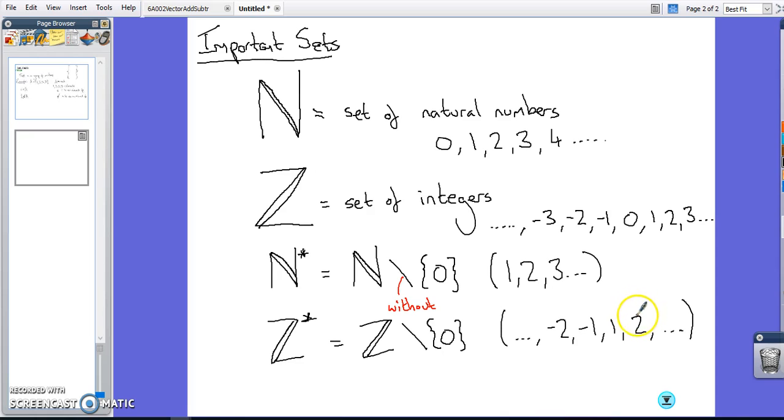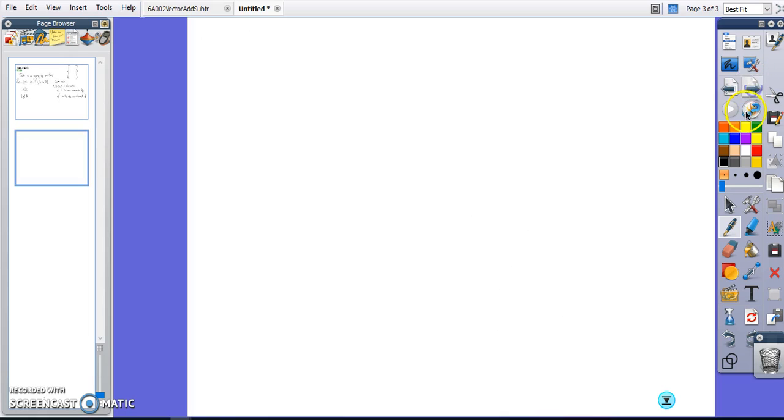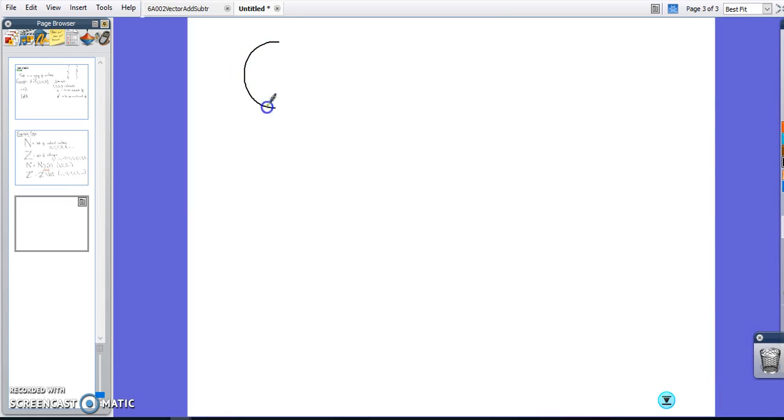We have two more sets I'd like to have a look at that are important sets, both denoted by capital letters. You might be able to remember them from things you've learnt before. We have Q. This is the set of rational numbers.